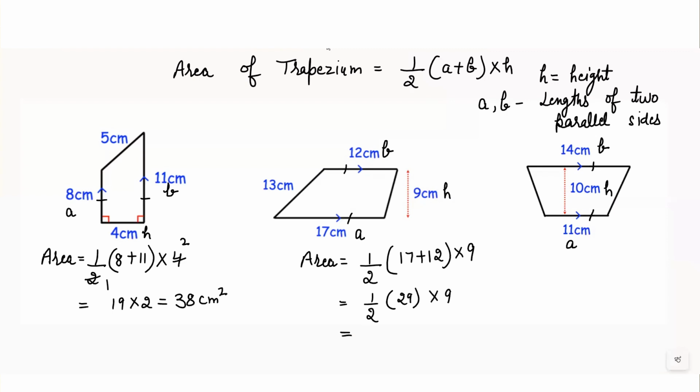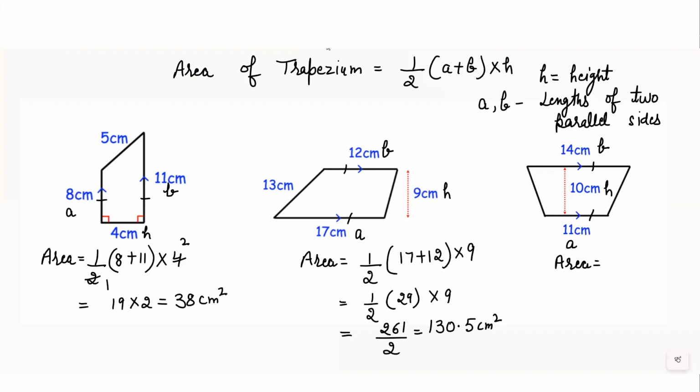So I will multiply 29 with 9 first, and then we will divide that answer by 2. So 261 over 2. When I divide this answer by 2, I will get 130.5 centimeter square.